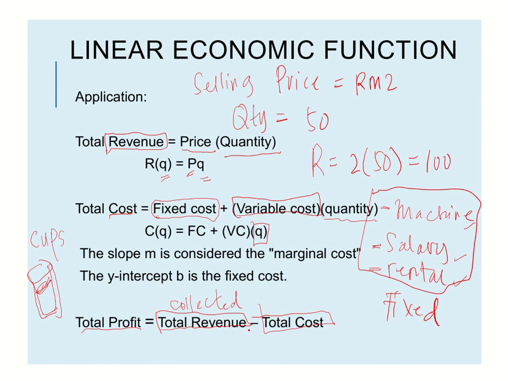If after subtracting you get a negative, not enough, then it will be a loss. Now, we're going to find the slope later. The slope is considered the marginal cost for the cost here, and the y-intercept is the fixed cost. This is called the marginal cost, and this is called the fixed cost.